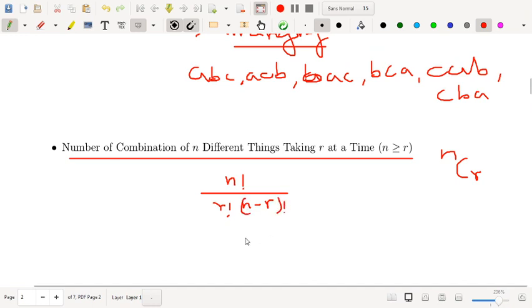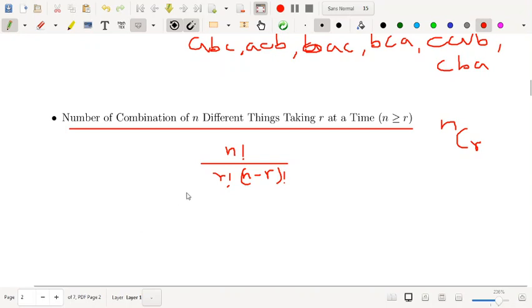That is easily verified from the combination formula and permutation formula, because we know that factorial r into nCr, where nCr is the combination of n different things taken r at a time, is equal to nPr. And we know that nPr, the number of permutations of n different things taken r at a time, is given by factorial n by factorial n minus r.